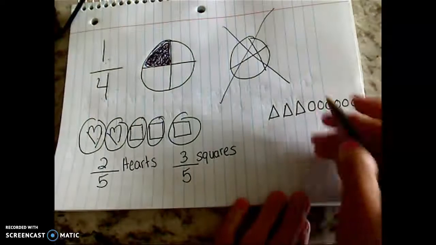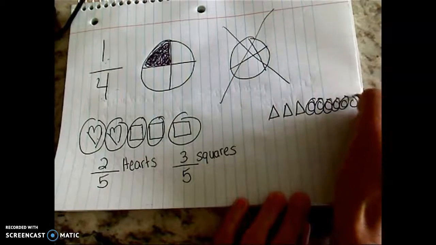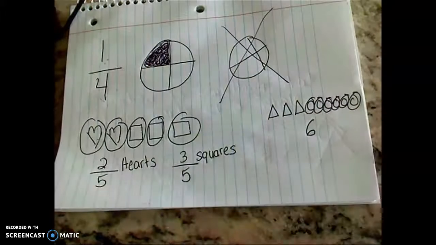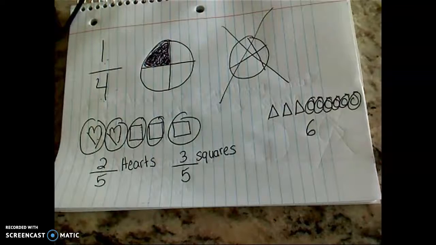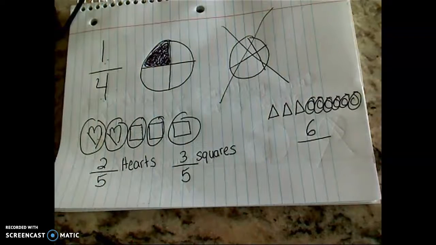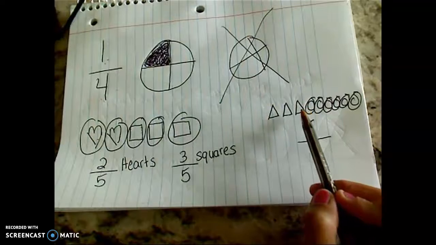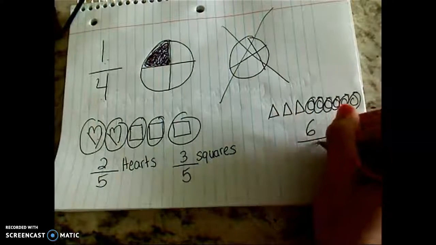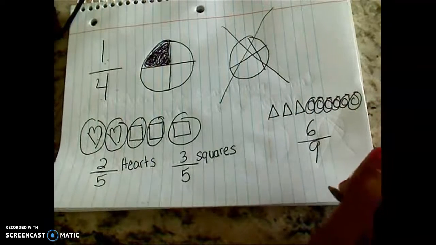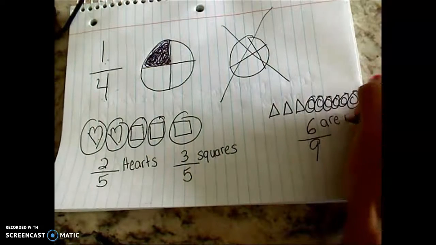When I look at this, there's 1, 2, 3, 4, 5, 6 that are not triangles. Now I know my denominator is looking for my total number of shapes. So I've got 6 circles, 7, 8, 9. So 6/9 of my set are not triangles.